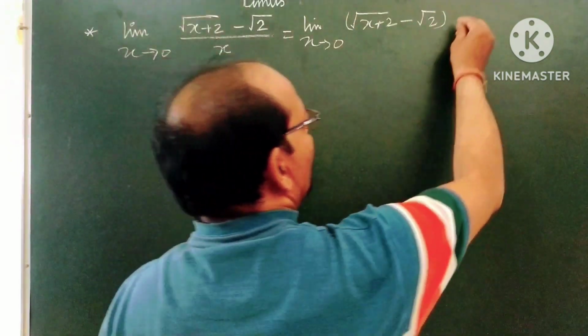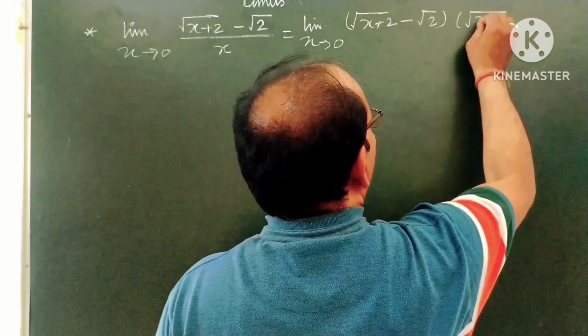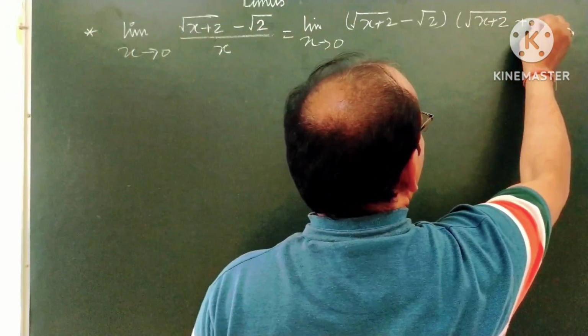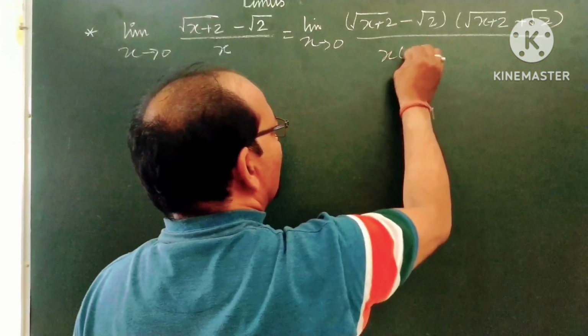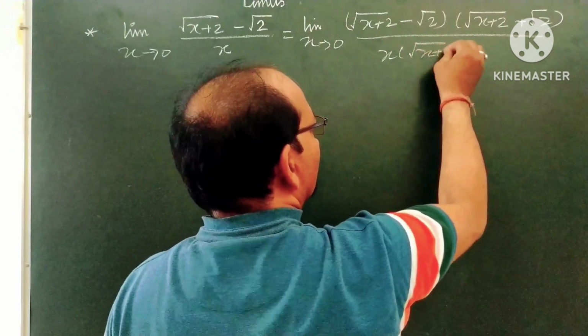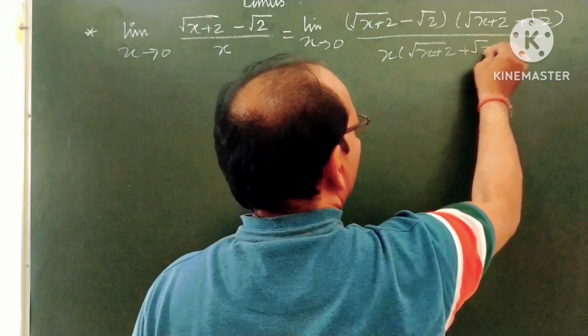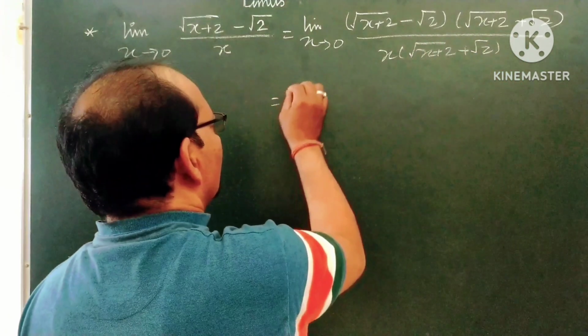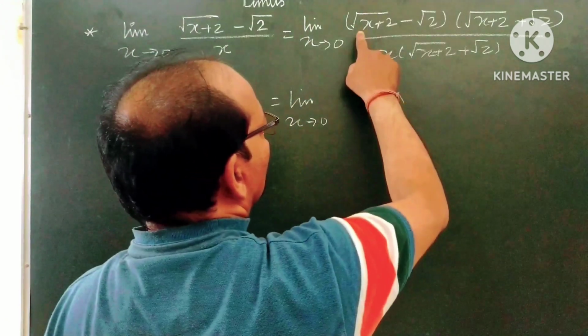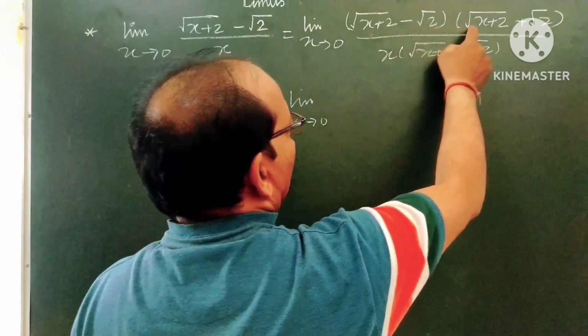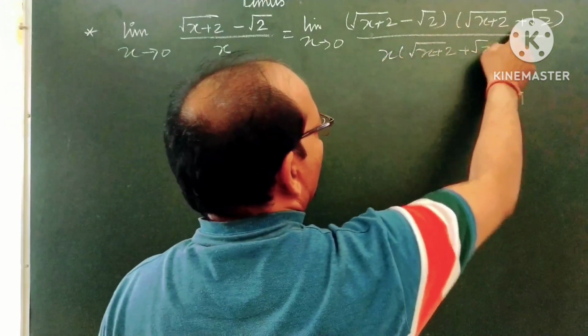Further rationalizing, we multiply by root of x plus 2 plus root 2, and there will be x into root of x plus 2 plus root 2. Therefore, limit x tends to 0. It is in the form of a minus b, a plus b.